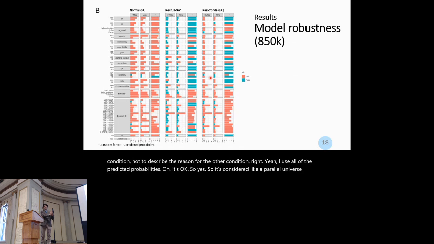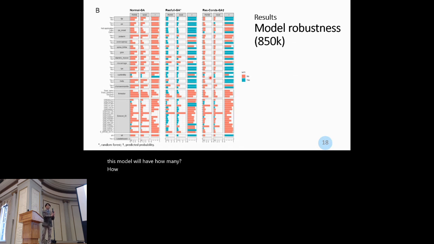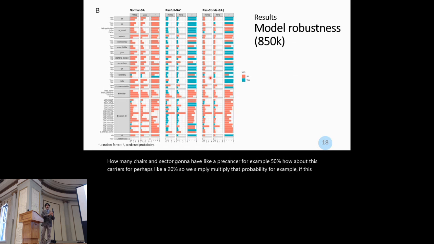What if this mother has exactly a 50% chance of having preeclampsia? How about this carrier, perhaps a 20%? So we simply multiply that probability. For example, if this mother is considered preeclampsia and the gestational age is, say, 5 weeks earlier, and the miscarriage would be like 15 weeks earlier, something like that, it will have a different weight according to the predicted probability.